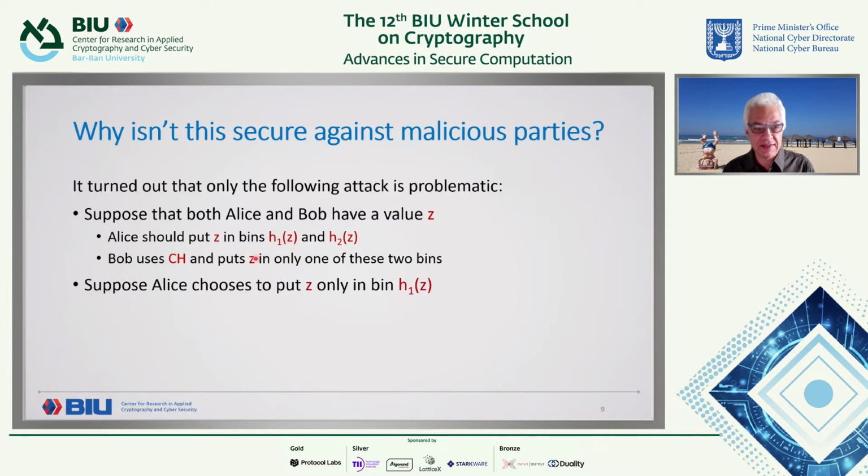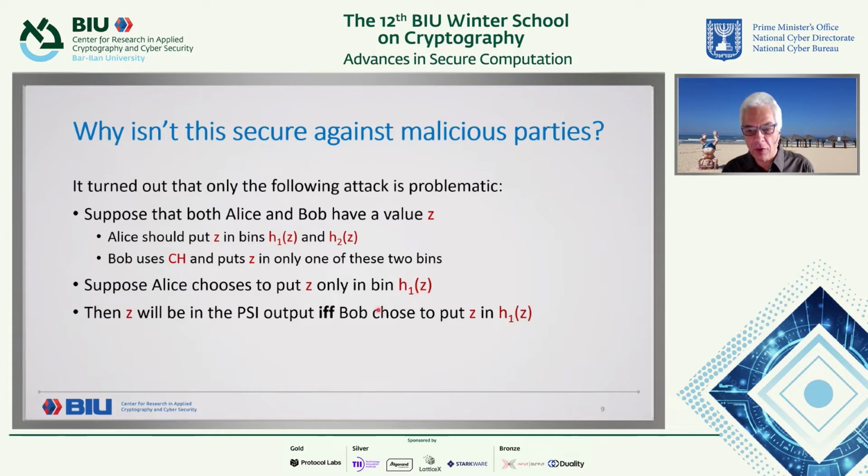Now, suppose that Alice is corrupt and she puts Z only in H1 of Z. If Bob chose to put Z in H1 of Z, then Z will be in the intersection. If Bob put it in H2 of Z, then Z will not be in the intersection.